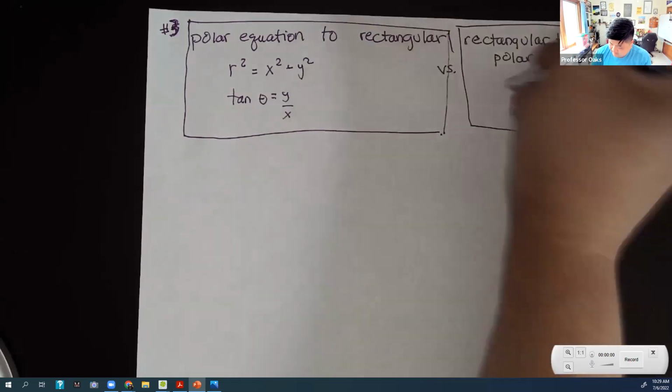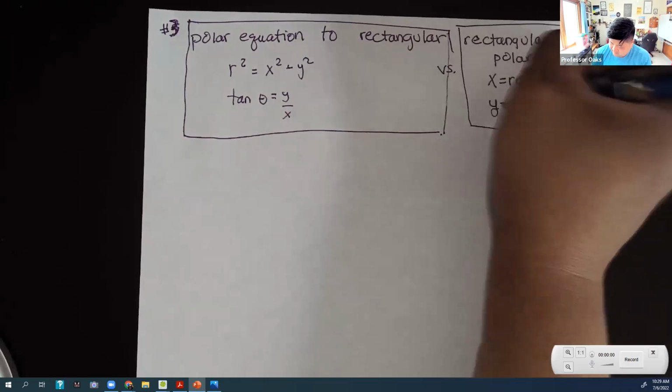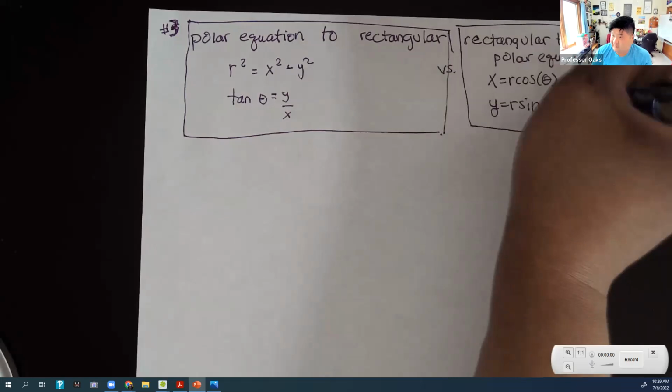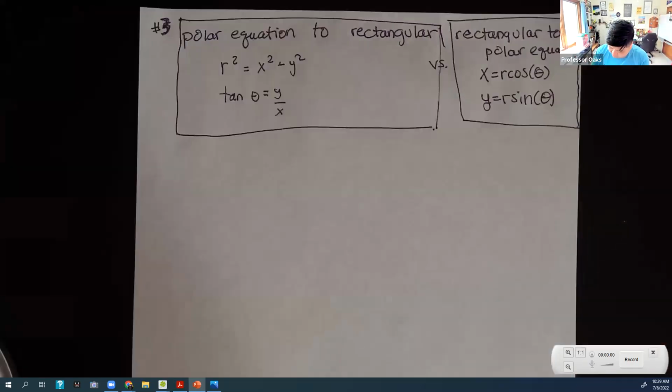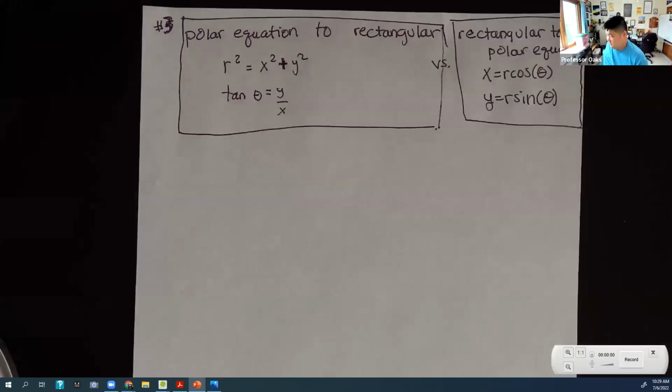The x is r cosine of theta and y is r sine of theta. So you're going to use all four of those for the conversions. But instead of converting just one point, you're going to convert an entire equation.